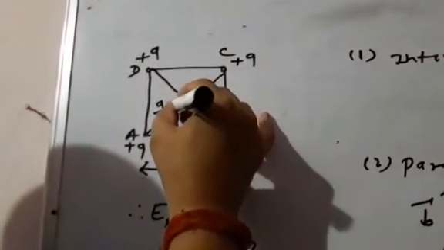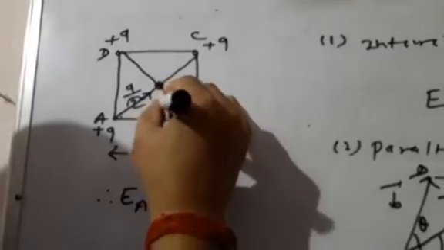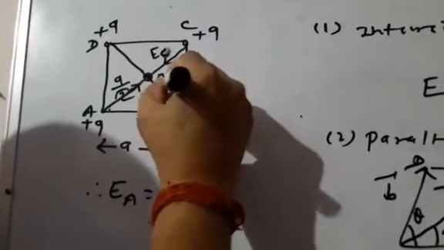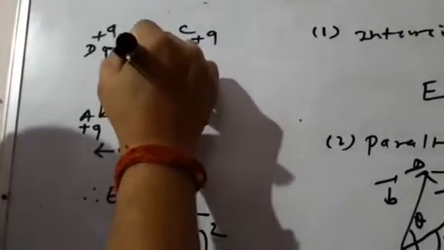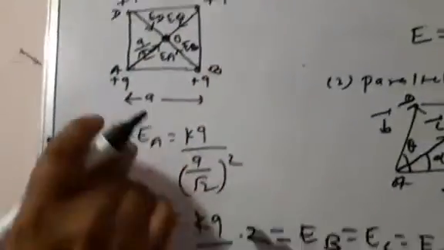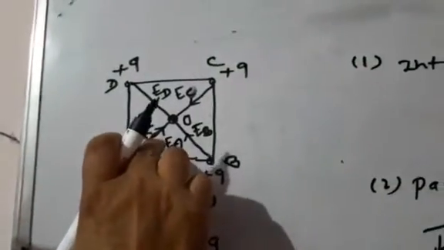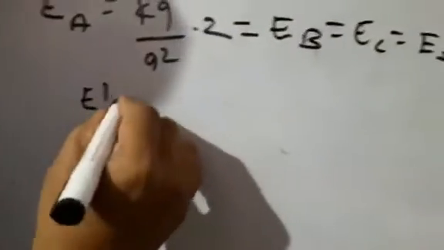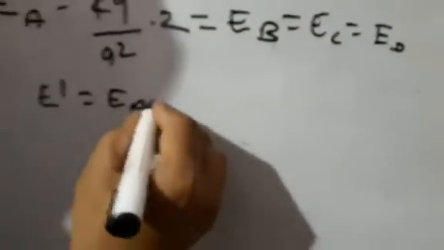Since directions of EA, EB, EC and ED are towards the center, net intensity due to A and C, E dash, equals EA minus EC.